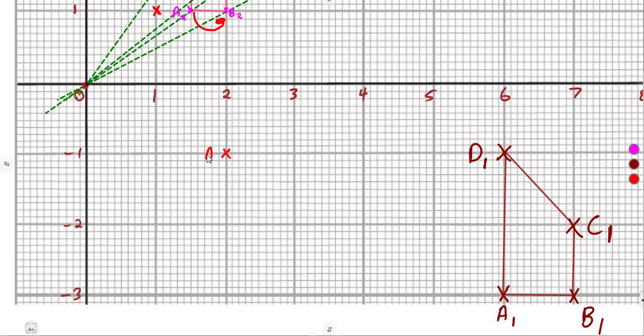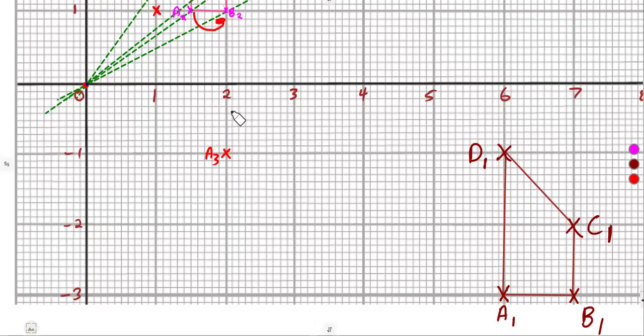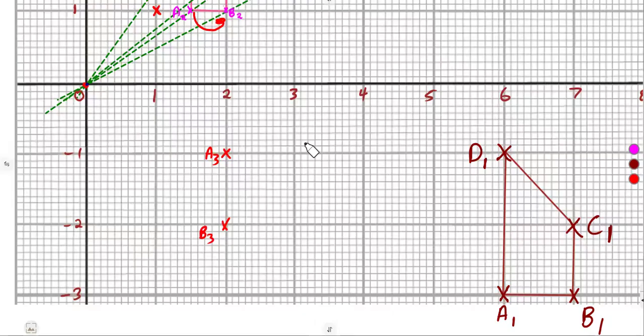That's our A3. Okay. Then B3, 2, negative 2. That's 2 versus a negative 2 here. That's B3. Okay. Then 3, negative 2 on C3. 3, negative 2 here. That's our C3.